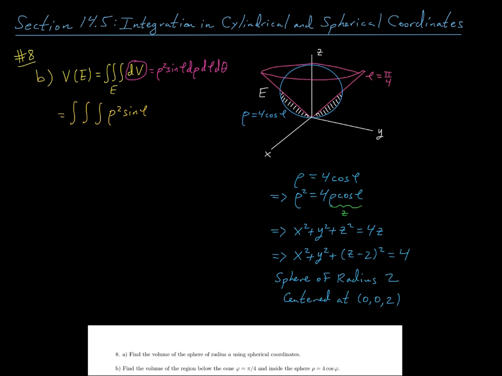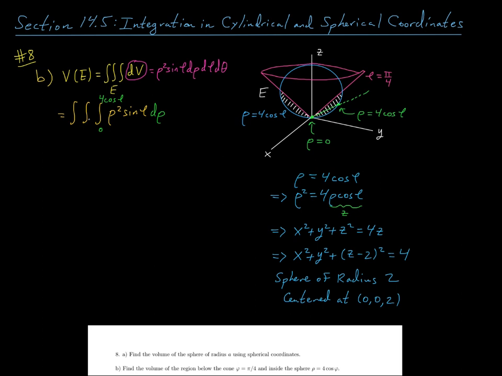So we're going to start just at the very bottom of the sphere when rho is 0, and then we're going to pass through our region and then exit out at the blue sphere. So in other words, we're looking at this picture where rho starts at the bottom when rho is 0, and then here we're going to exit out on the blue sphere when rho is 4 cosine phi. So our bounds here for rho would be from 0 to 4 cosine phi.